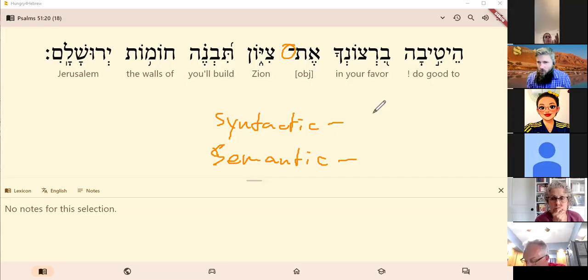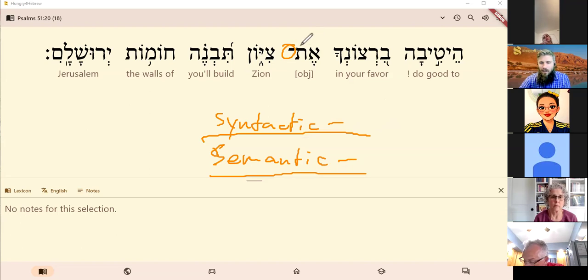Syntactic means how you fit those words together. So I'm not going to tell you that there is a semantic meaning for the makaf or makef. It's not like every time you see a makef, it means something specific. It doesn't work like that. It is completely syntactic.